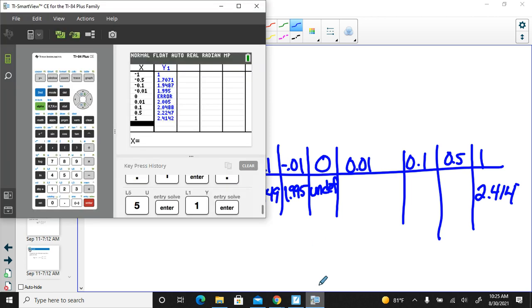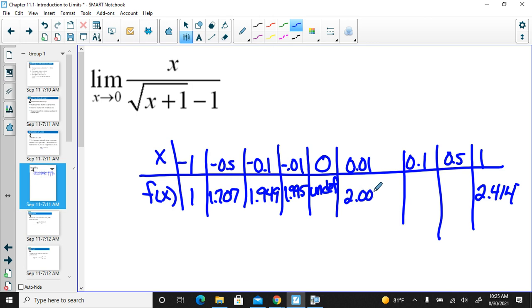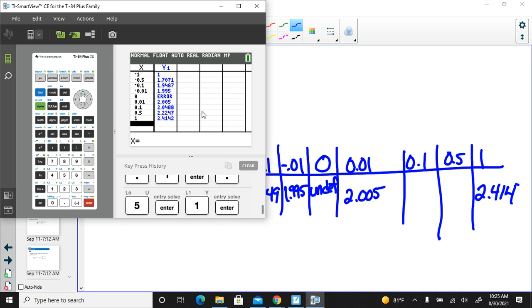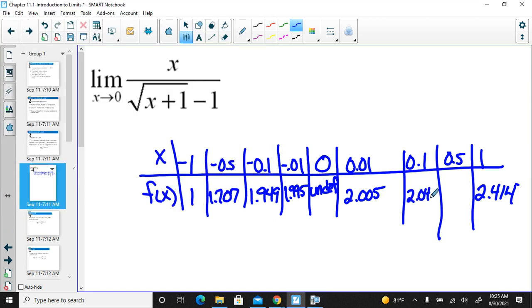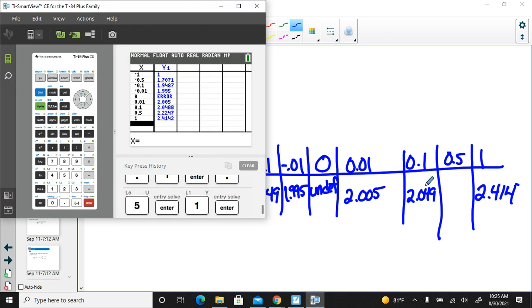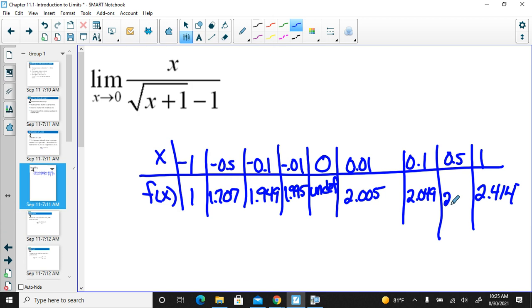At 0.01, we get 2.005. At 0.1, we get 2.049. And at 1/2, we get 2.225.